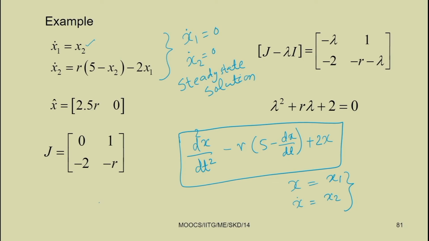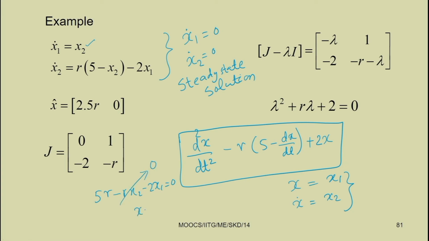So, let us write this as 5r minus r x2 minus 2 x1 equal to 0. We already got x2 equal to 0, so this term equal to 0.